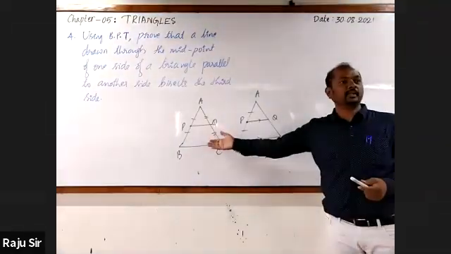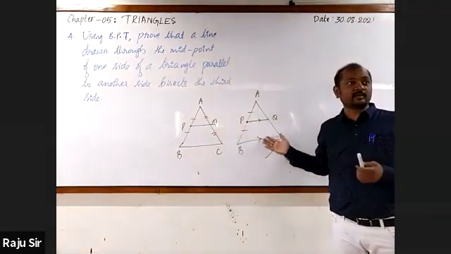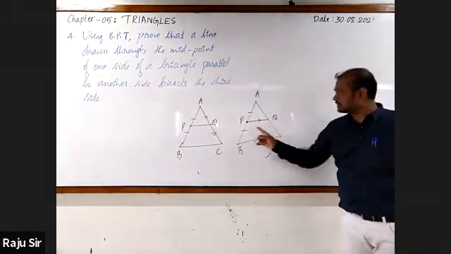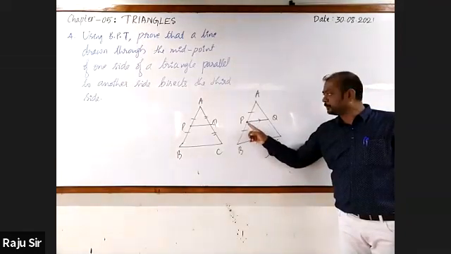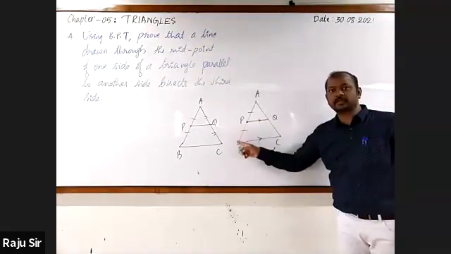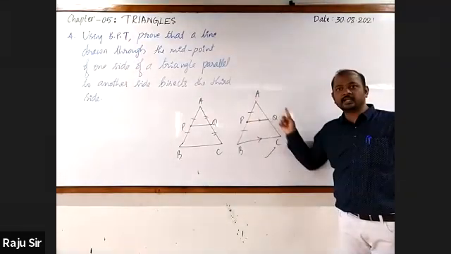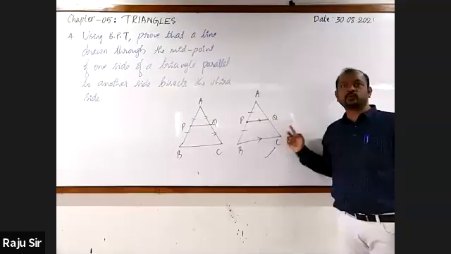Converse of the midpoint theorem. This is the converse. The statement is like this. The line drawn from the midpoint of any one side of a triangle parallel to another side bisects the third side, or divides the third side into two equal parts.